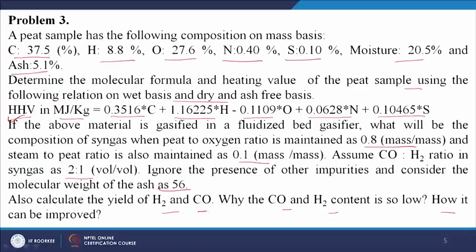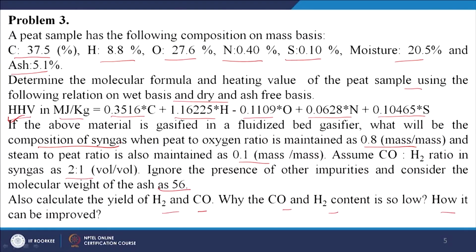Then we will convert it into dry basis. Then we will use this formula for the HHV calculation. So, in two different bases, wet basis and dry and ash-free basis, we will be able to calculate the HHV. So, the first part will be done.